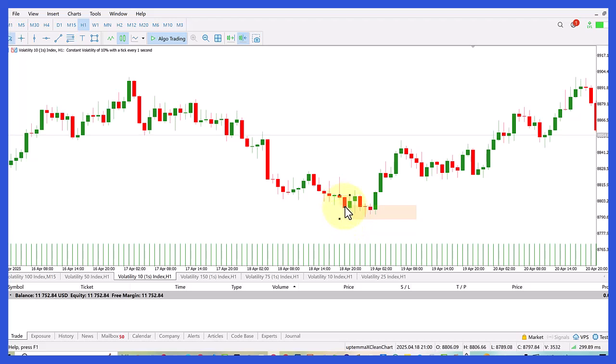None of these other lows went below this particular low, and yet all these lows are relatively equal and almost together. So how you identify liquidity is that the lows will be almost together, and the recent lows would not go below the previous lows.